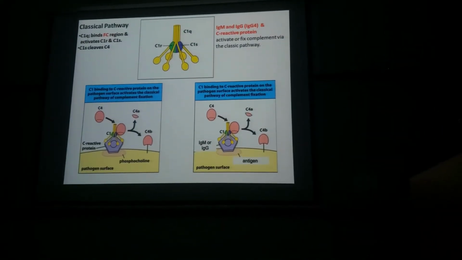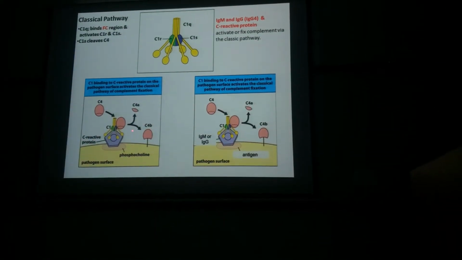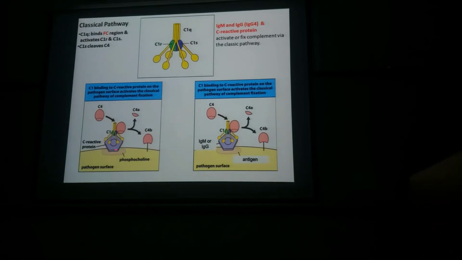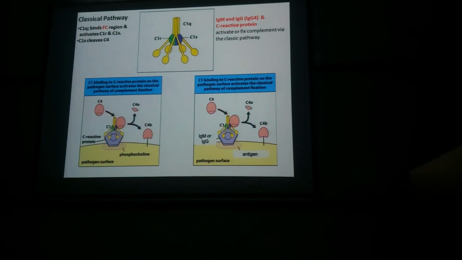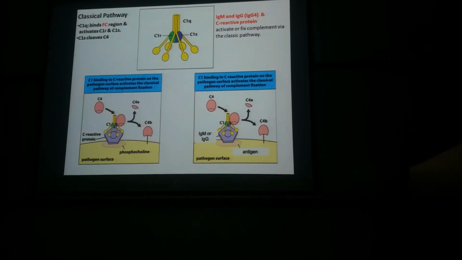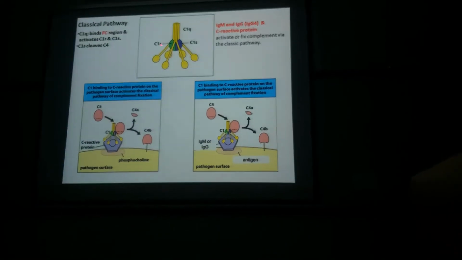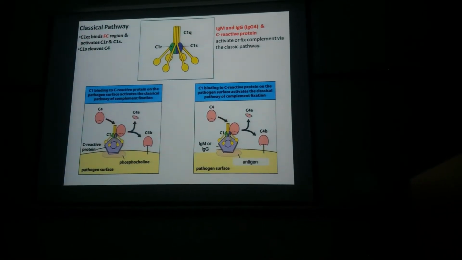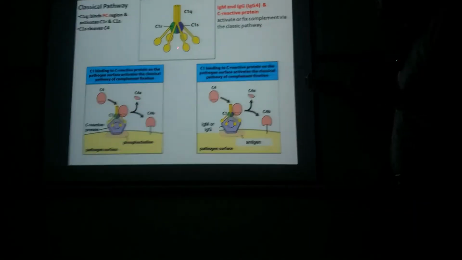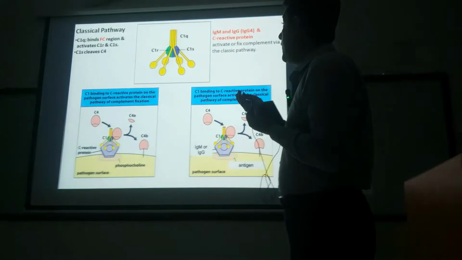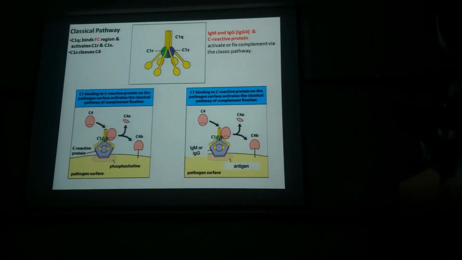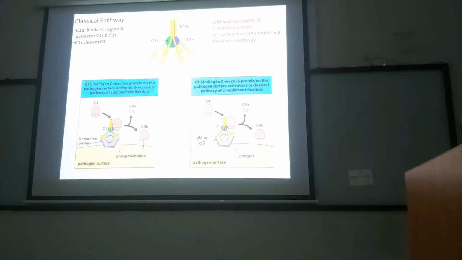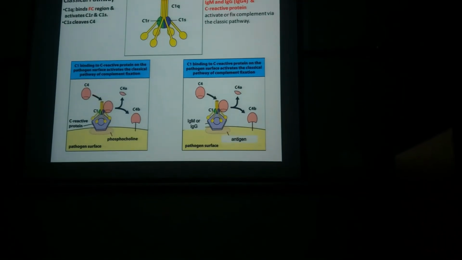Okay, so the complement factor 1, when it finds such combinations, it is activated. And how? C1 again is a combination of different small peptides, which include C1R, C1S, and C1Q. Okay, and these peptides would join together to make a single complement, which is known as C1, complement 1.